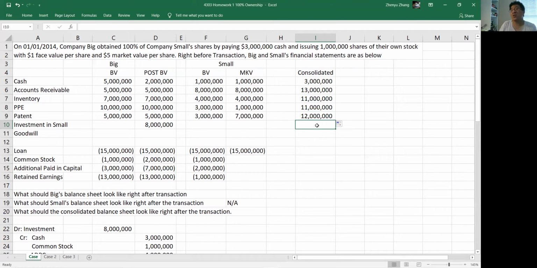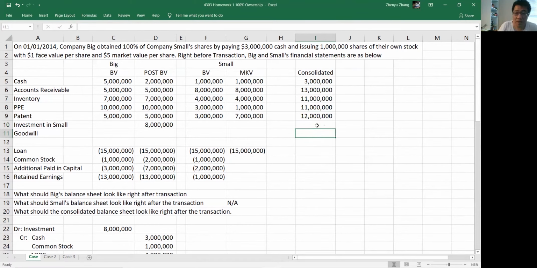When I ask you what is your total wealth, you tell me $8 because you may have $8 in your left pocket and nothing in your right, or $5 in your right pocket and 3 in your left. They don't change, right? Your total dollar is the same. There's no control, there's no whatever. So if we talk about Big and Small together, a whole group, there's nothing to talk about for a Big investment in Small because there's no such thing, okay? So investment becomes 0 for sure.